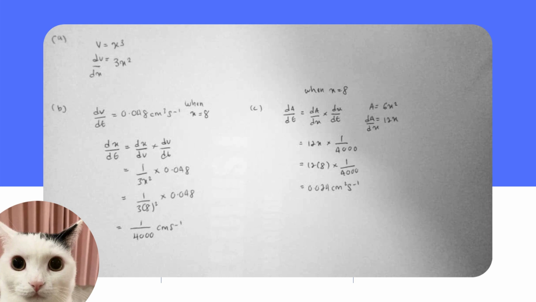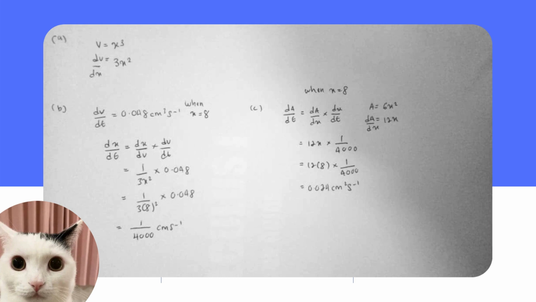Lastly, question 3 is to find the rate of increase of the total surface area of the cube in cm squared per second when x equals 8.